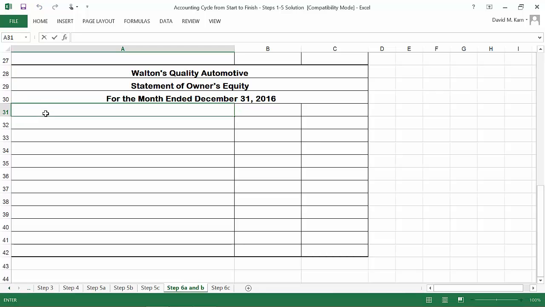So let's go ahead and fill that in. We're going to need the beginning balance of the Walton capital account. Okay, and then we have two sections, one where we add stuff and one where we subtract stuff.